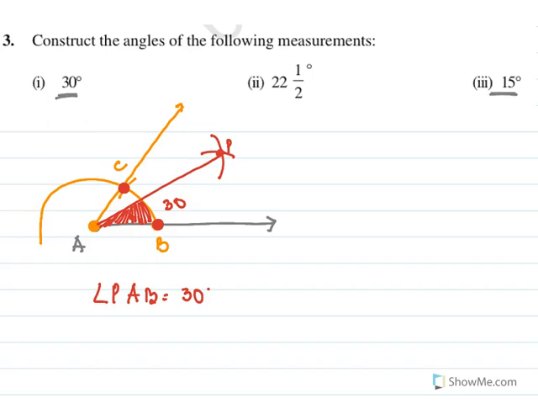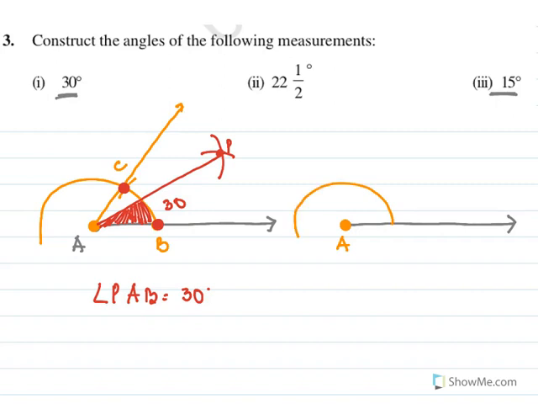Next is draw 15 degrees. So first we'll draw 30. To draw 30, we first draw a ray. At this point, keep your compass at A, take a convenient radius and draw this arc.